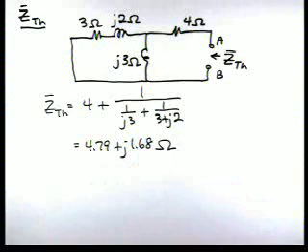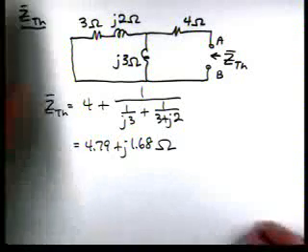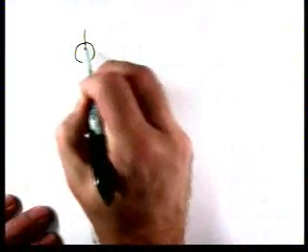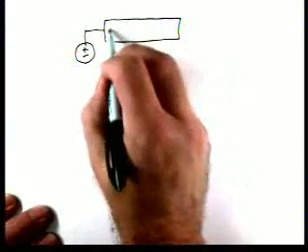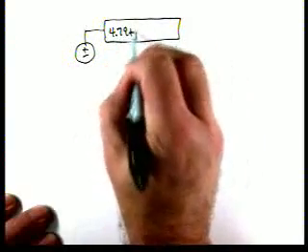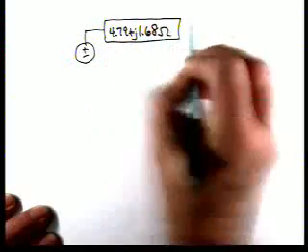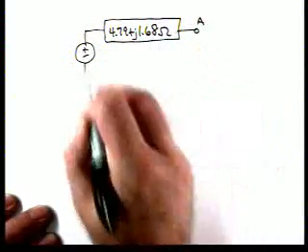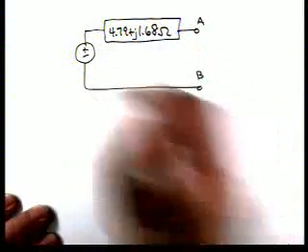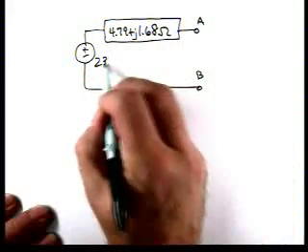Now that completes our Thevenin equivalent circuit, so we can draw it. We have 4.79 plus j1.68 ohms. Here are our terminals A and B. Here's V open circuit.